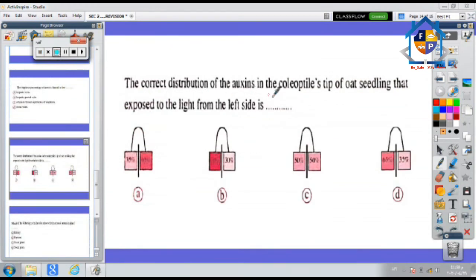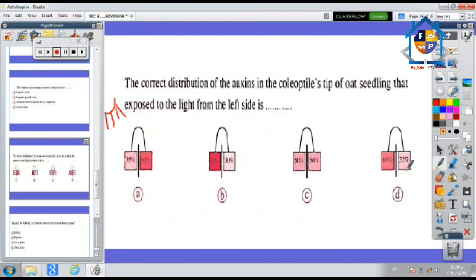The correct distribution of the auxins in the coleoptile tubes of oat seedlings that are exposed to light from the left side. So the amount of auxin in oat seedlings will increase in which distribution? 65 and 35, 70 and 30, or 50 and 50, which is equal amount?